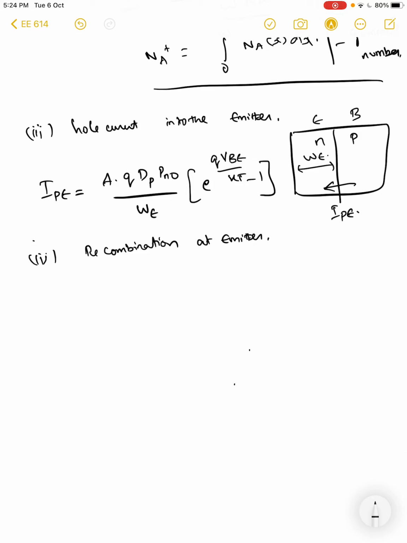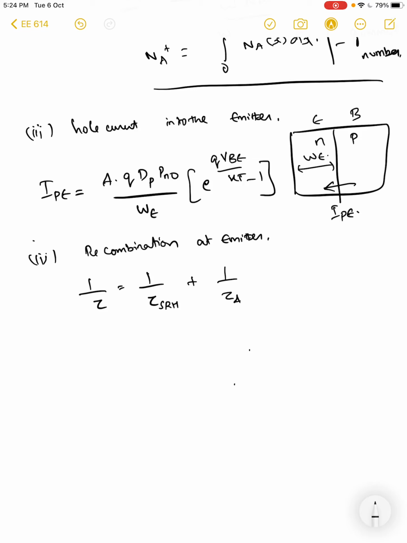So the recombination typically has several pathways. The total lifetime of a carrier, electron or hole, is basically the Matthiessen's addition of Shockley-Read-Hall, which we saw previously. Because this region is heavily doped, you tend to have a lot of traps, so you have trap assisted recombination. In addition to this, you also have what is called Auger. So we saw this Auger recombination, which depends upon the actual carrier density, right?